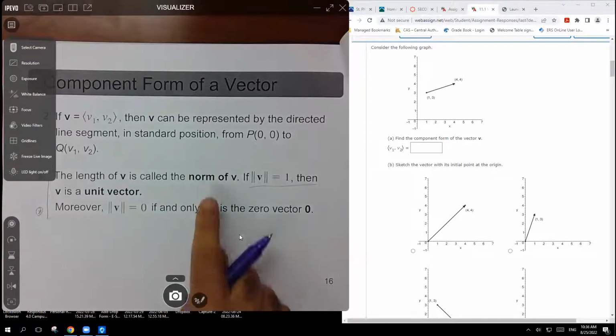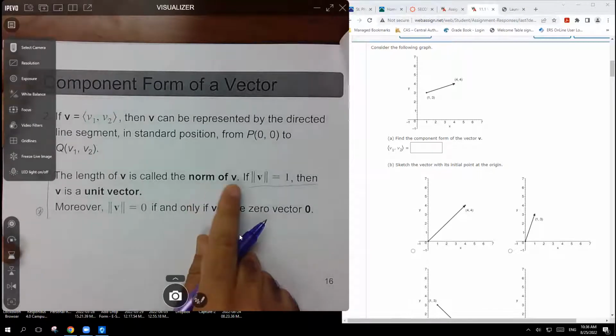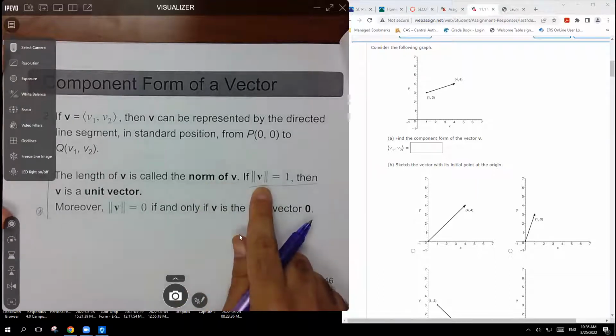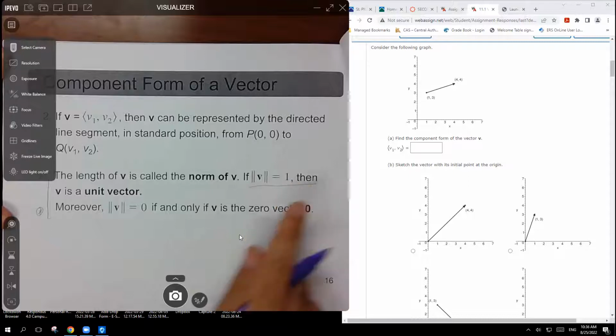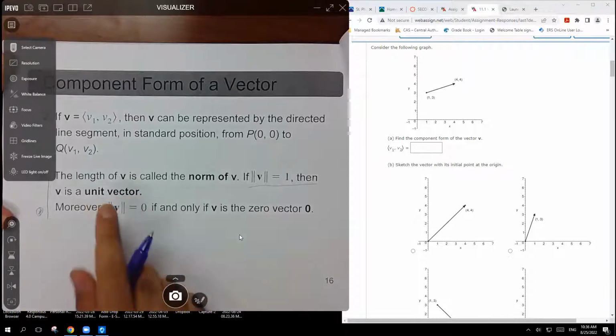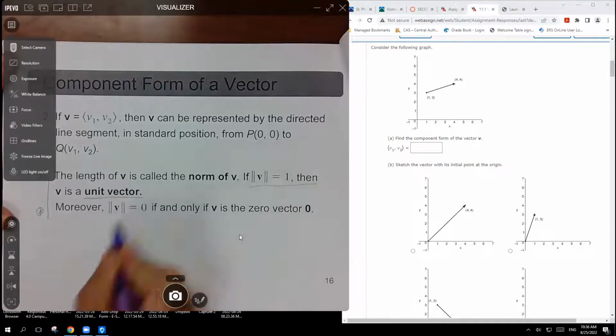It means the length of V. So when you see this sign, it means you have to find the length. Now, if the length of the vector equals 1, then V is called a unit vector.